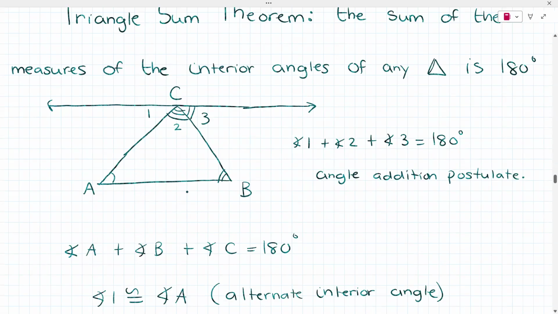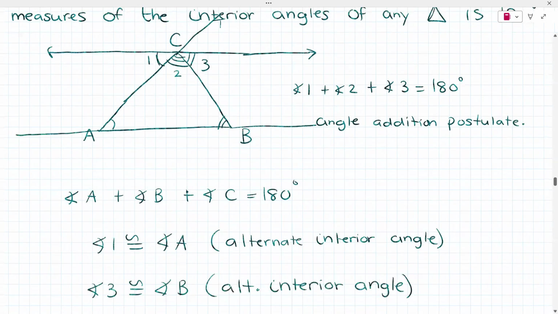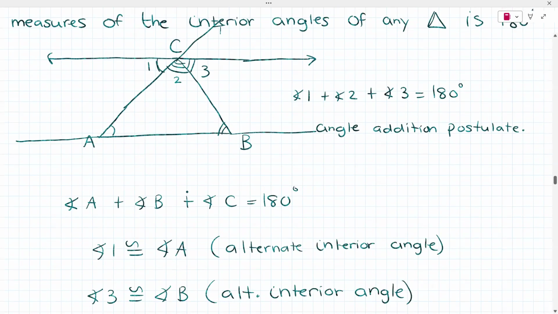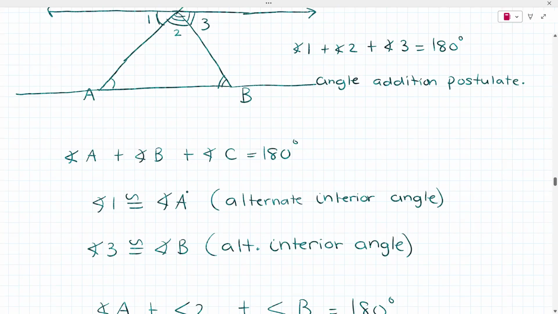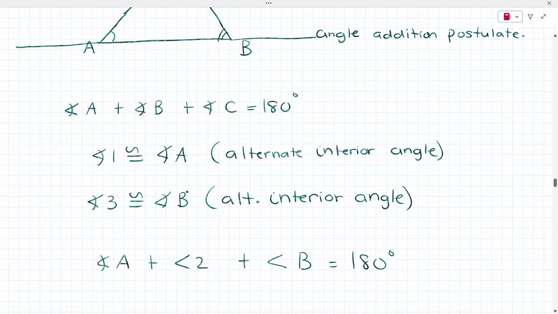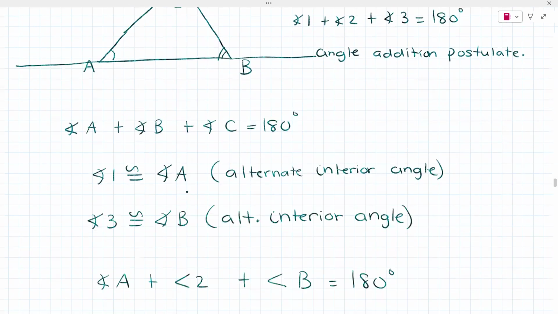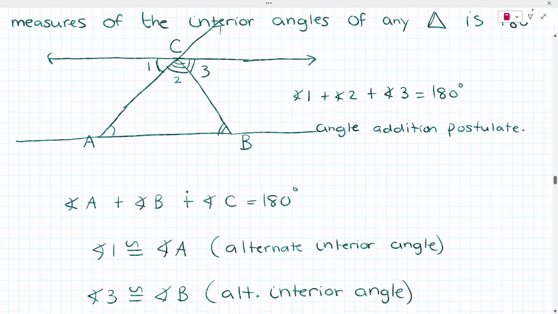If you extend this line, why is angle 1 congruent to angle A? If you continue this line, it could be the transversal, and they're on opposite sides of the transversal. So the reason would be alternate interior angles. The same thing with angle 3 and angle B. They are congruent because of alternate interior angles. And then if you add up angle A plus angle 2 plus angle B, they should add up to 180.